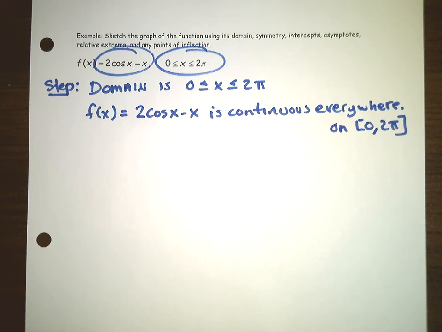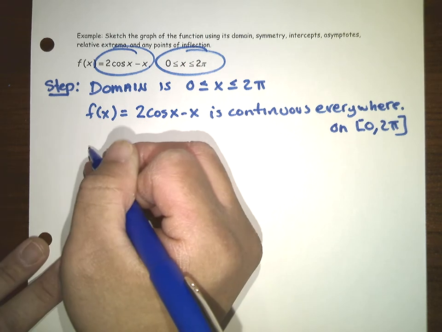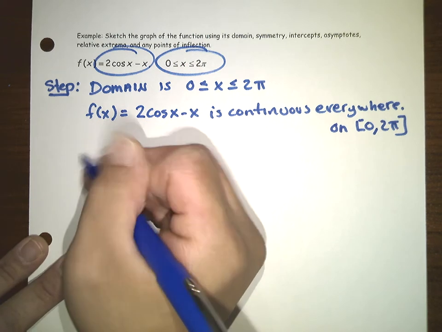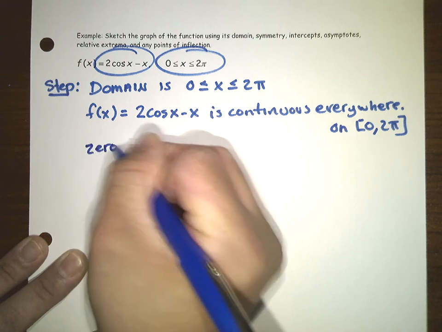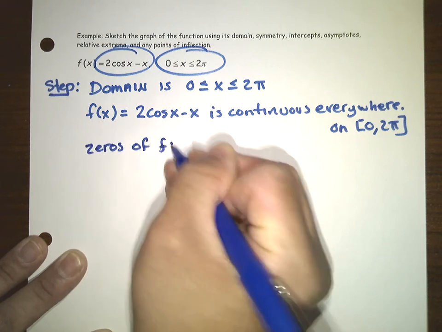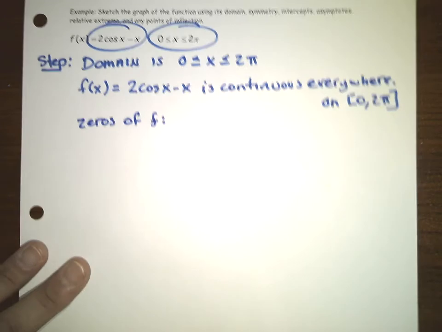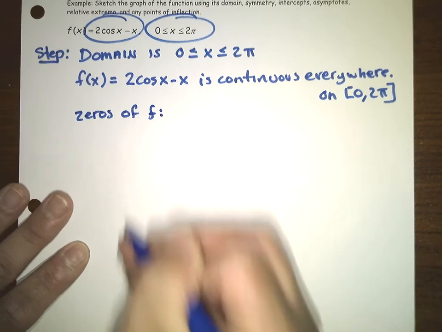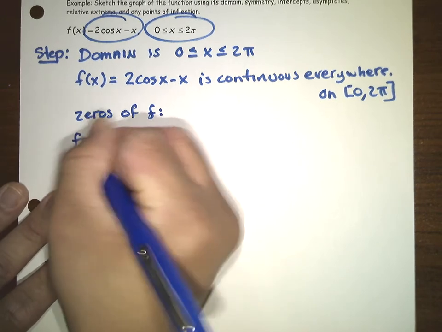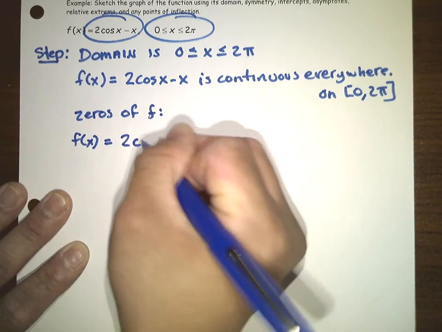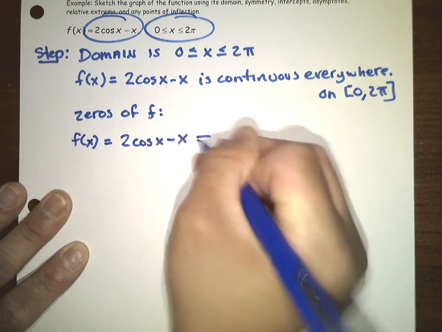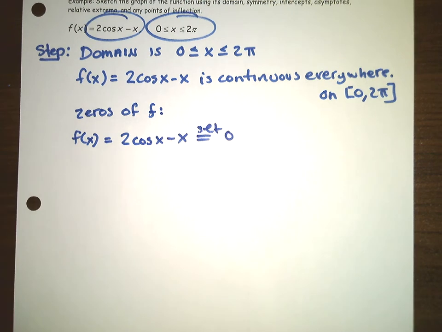And so now we want to know the zeros of f. So here we go. So that means that we want f of x equals 2 cosine of x minus x, and we're going to set this equal to 0.